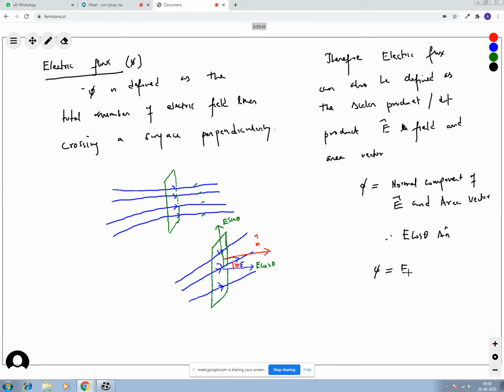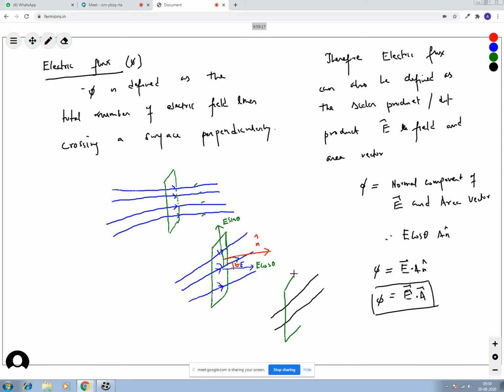Here the normal component is E cos theta, and A is also a vector, A n cap. So I can write phi as E vector dot A n cap, or in simple notation, forget the n cap, since n cap is giving you the direction. You can write this as E vector dot A vector. This is phi. This is the electric flux.